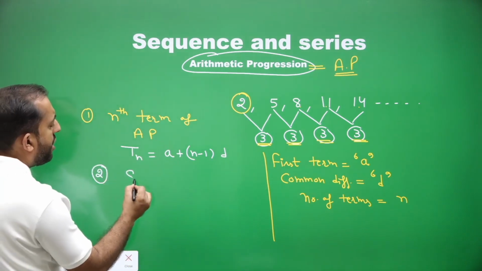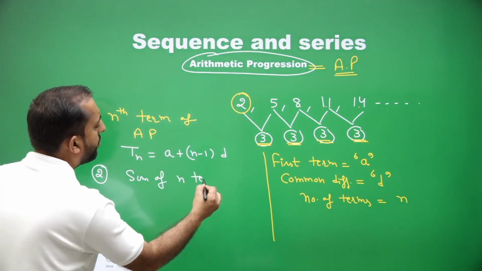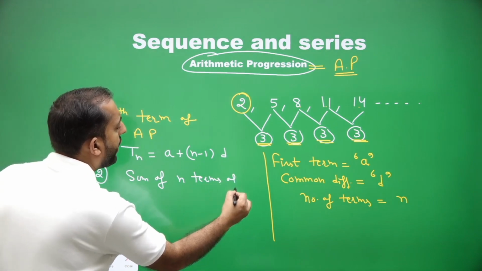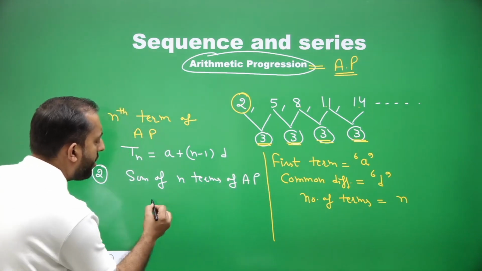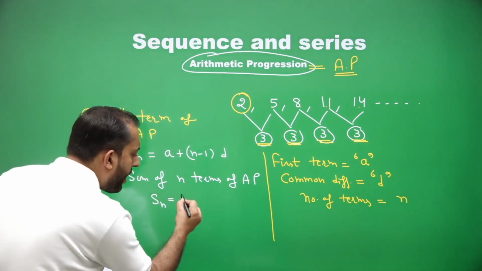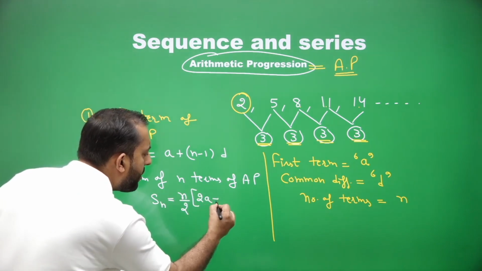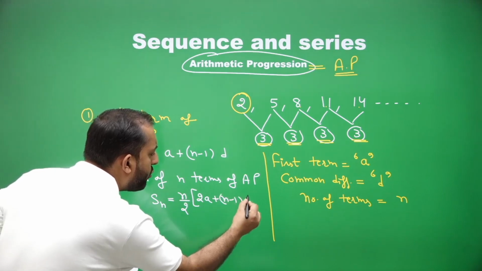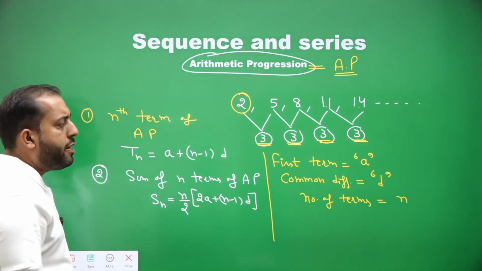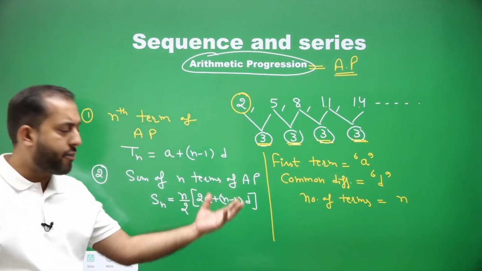Now, the sum of n terms of AP is represented with Sn, and it is given by n by 2 into (twice of A plus (n minus 1) into D), where A is the first term, n is the number of terms, and D is the common difference.